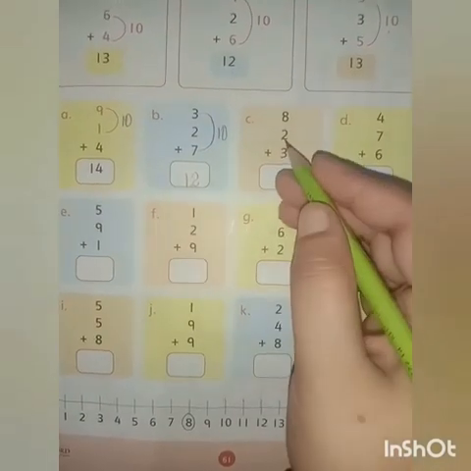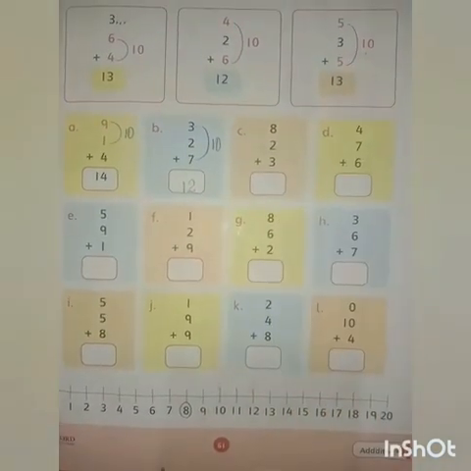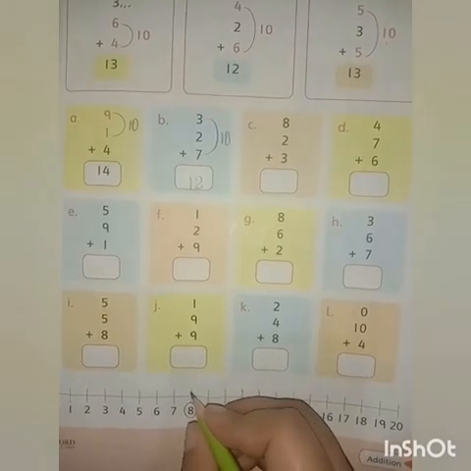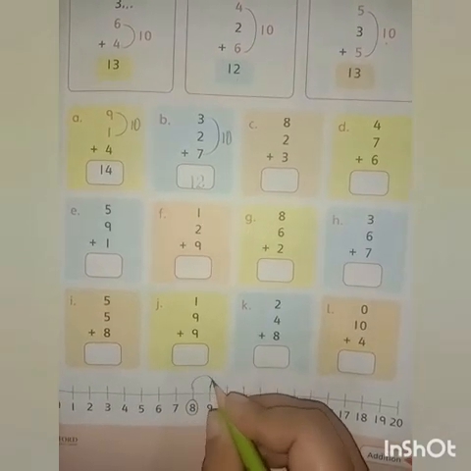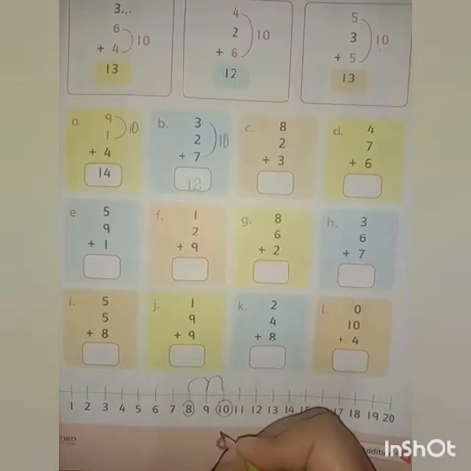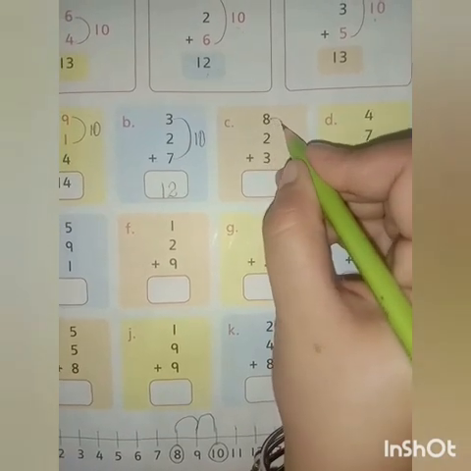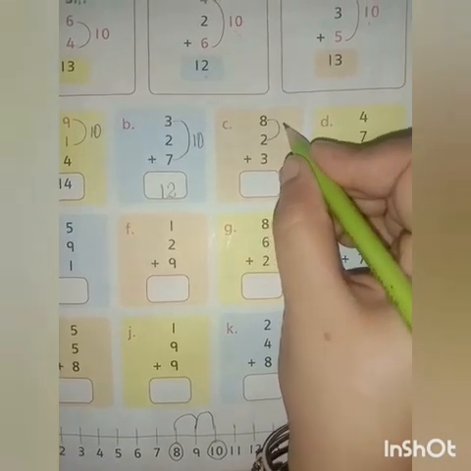Now, the second number is 2. We have to jump 2 numbers to the right. 1 and 2. The answer is 10. We found our group of 10. Right here 10.